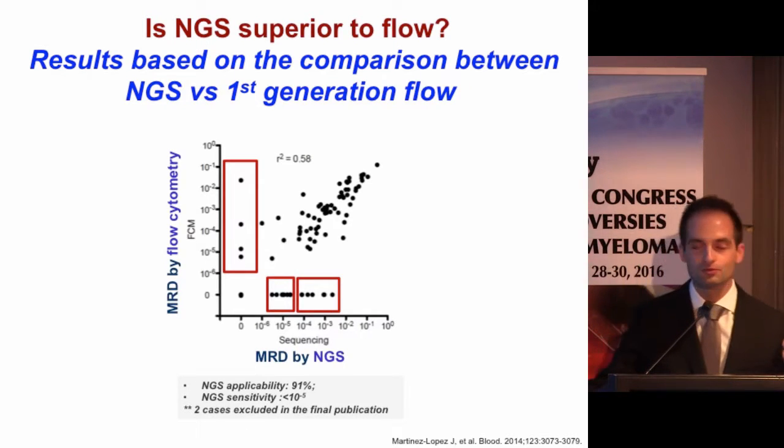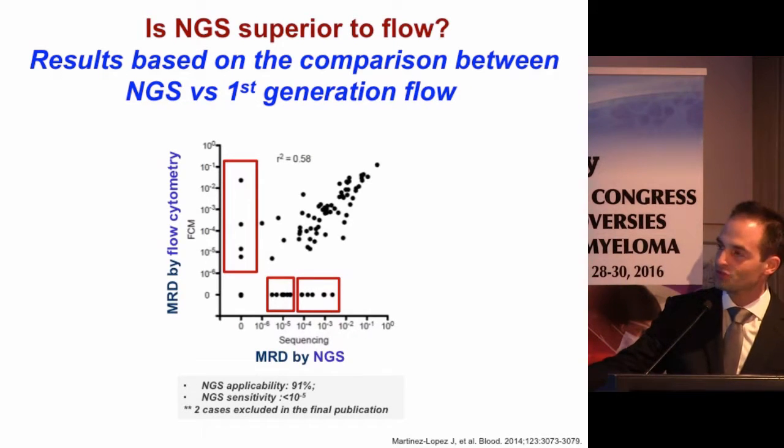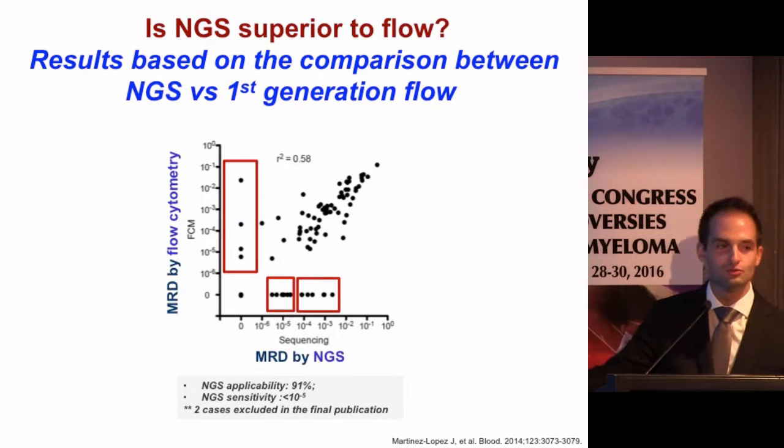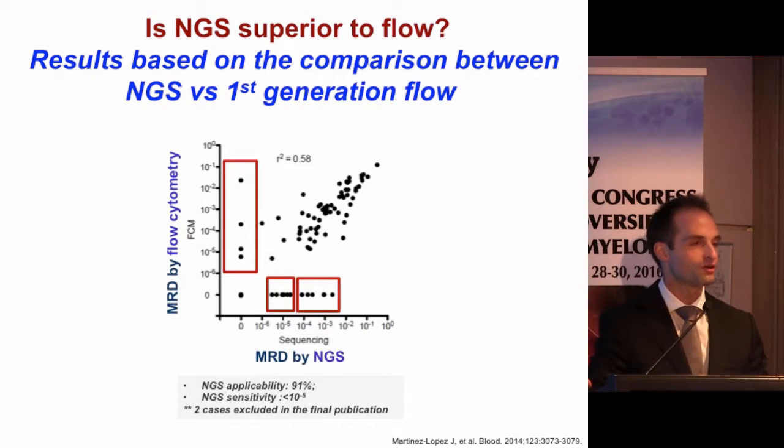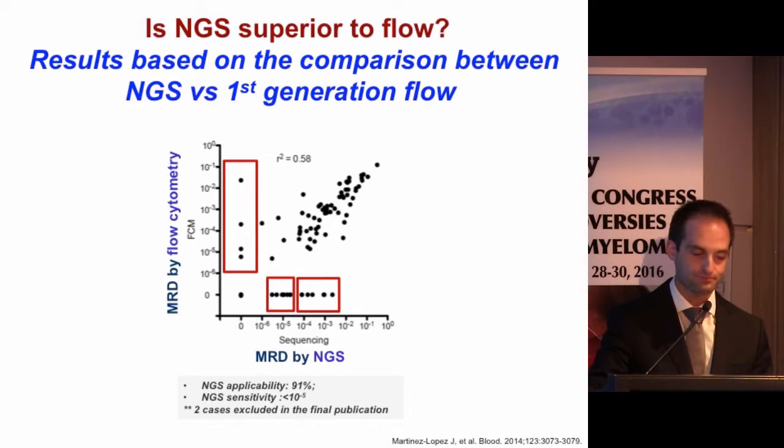And it's even possible to see that there are two patterns of discordance. Patients with high MRD levels, most likely with atypical phenotypes, and then patients with ultra-low MRD levels for which the 4-color assay didn't add the sensitivity to detect.